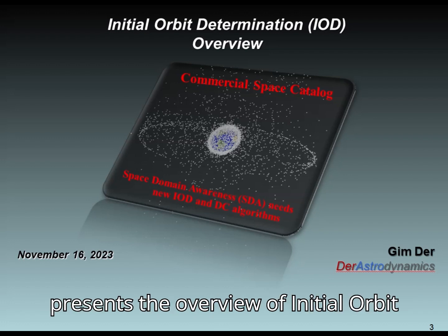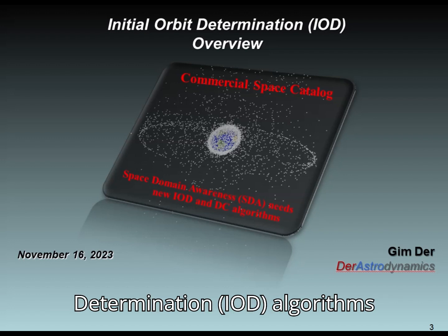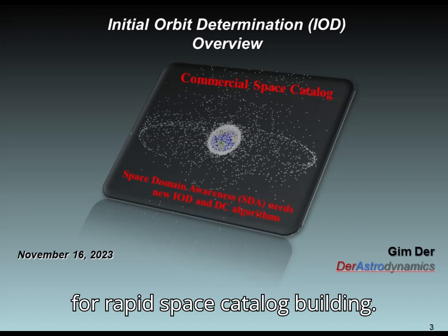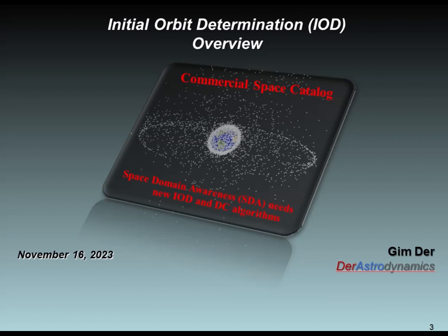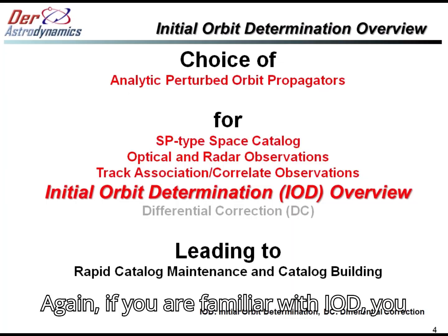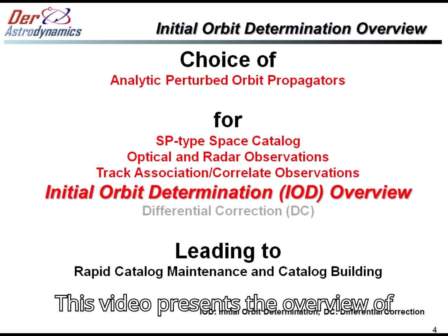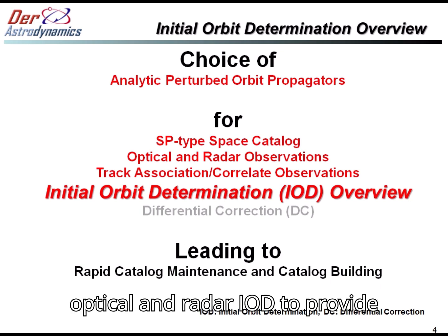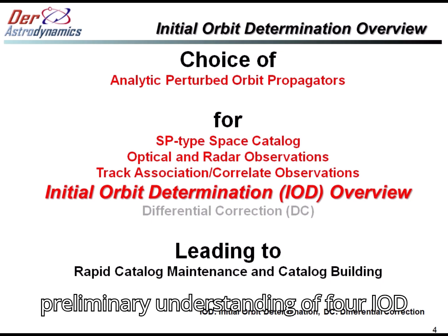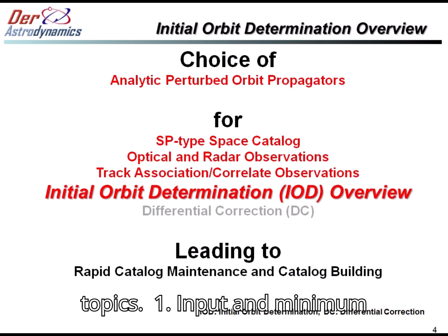This video presents the overview of initial orbit determination (IOD) algorithms for rapid space catalog building. Again, if you are familiar with IOD, you may skip to other videos of interest. This video presents the overview of optical and radar IOD to provide preliminary understanding of 4 IOD topics. 1.